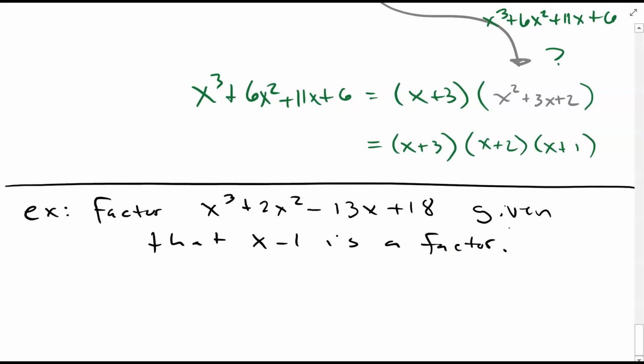would be something like this, where I ask you to factor the polynomial x cubed plus 2x squared minus 13x plus 18, given that x minus 1 is a factor. So the trick here is I'm going to use the factor remainder theorem.